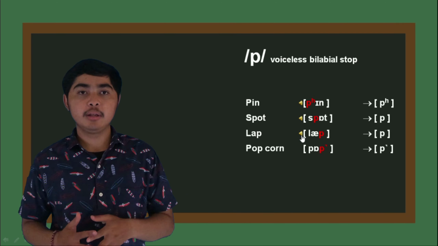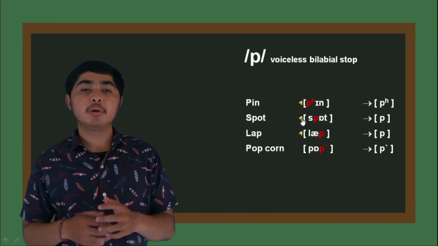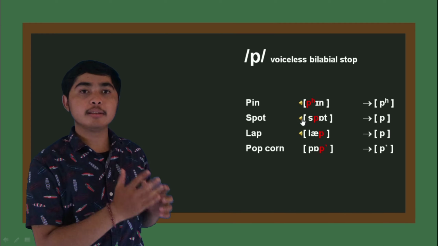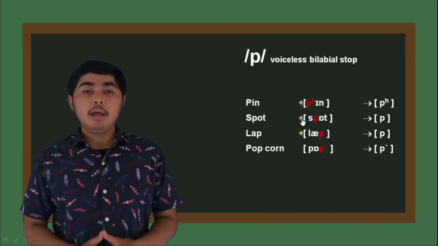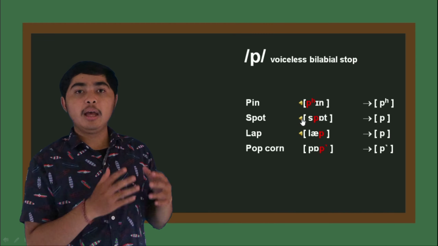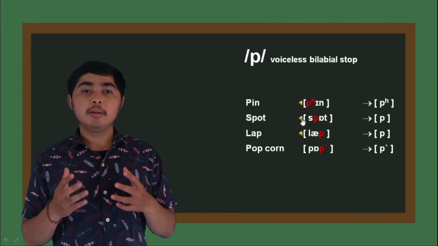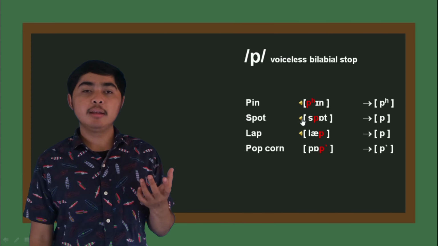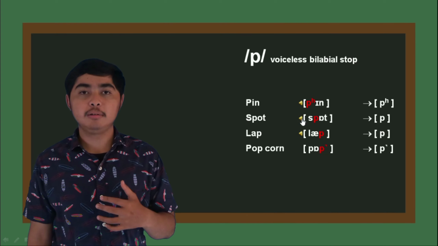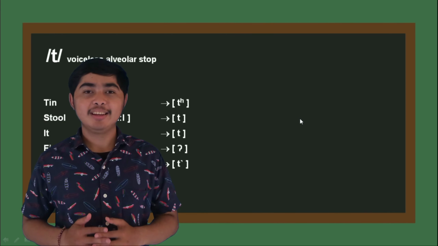Elsewhere, in the middle or at the end of a word, it stays as the basic sound, except if it is positioned in syllable final position and precedes a voiceless consonant or silence, where it becomes unaspirated, just like in popcorn, where it is unreleased. So let's proceed to the next slide.